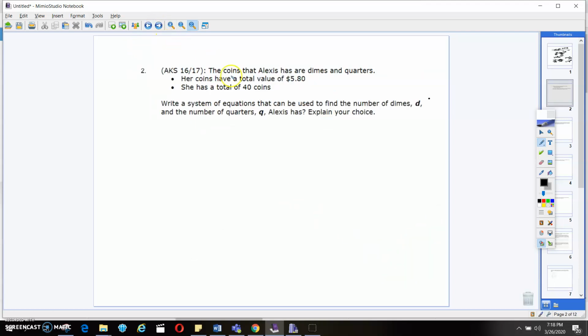All right, number 2. It says the coins that Alexis has are dimes and quarters. That's going to be important. And her coins have a total of 50 coins. We've got variables D and Q, and we're going to write a system of equations. So the first equation that I'm going to write, well, I know that dimes have a value of 10 cents, which can be written as 0.1 D. And then quarters have 0.25 Q. And we have a total value of $5.80.